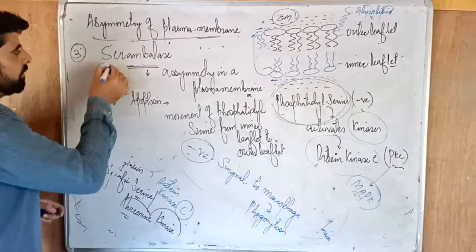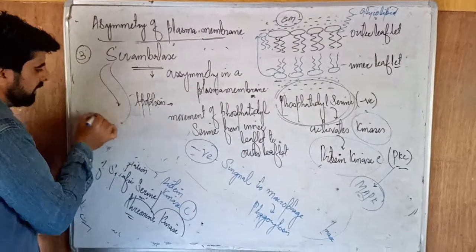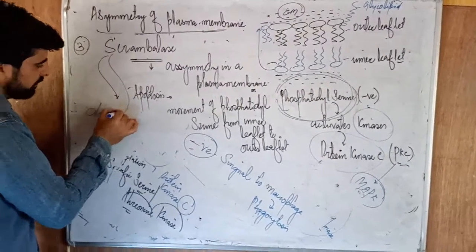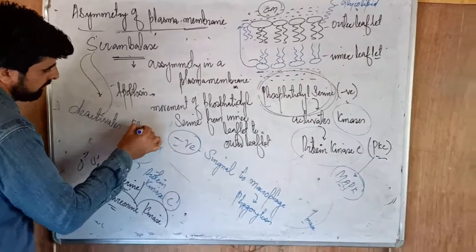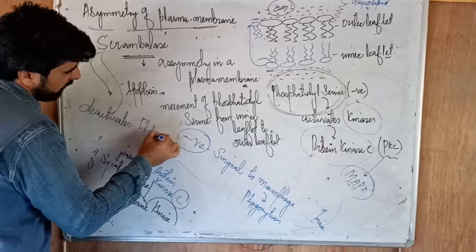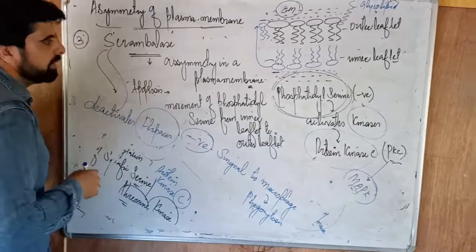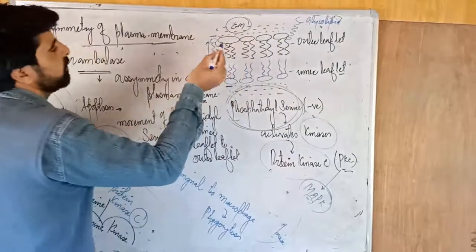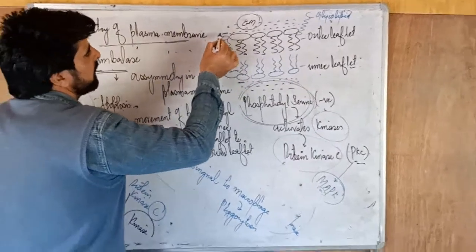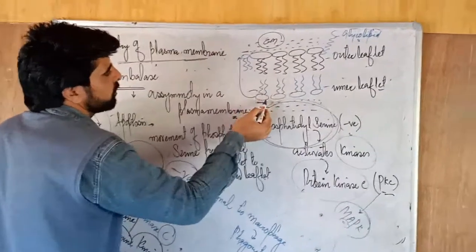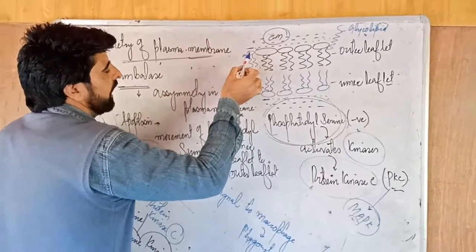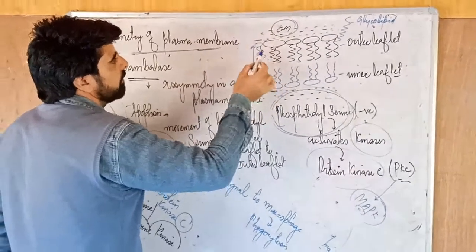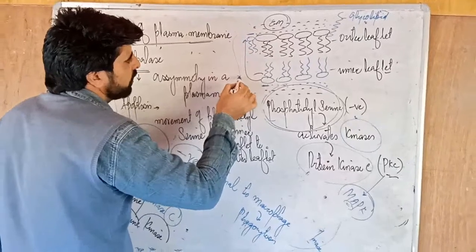But you have to keep in mind that this scramblase deactivates flippases. Flippases help in the movement of phospholipids from the non-cytosolic phase to the cytosolic phase, that is, phosphatidylserine and phosphatidylethanolamine from the external leaflet to the inner leaflet.